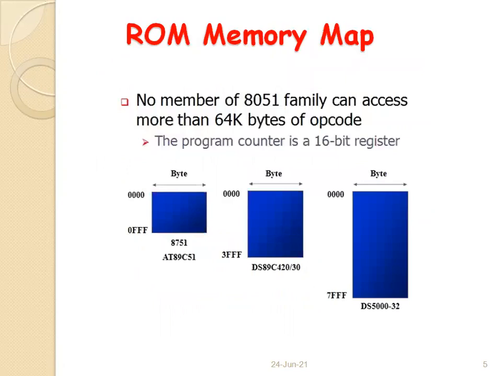This is the ROM memory mapping technique. Now the members of the 8051 family can access more than 64 bytes of opcode memory space. But in case of 8051, only 4 kilobytes of ROM is given to the user, which is given by the manufacturer.